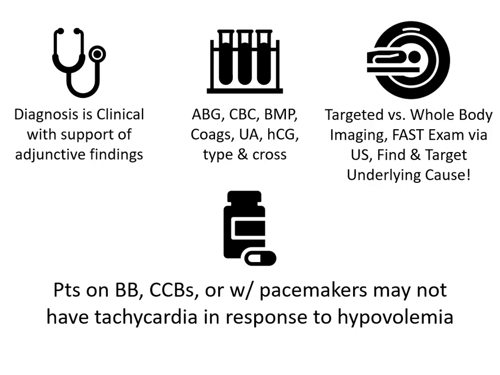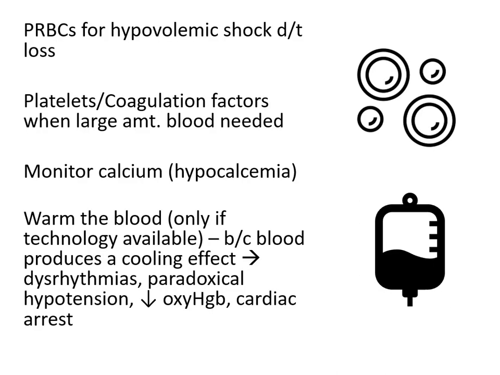It's important to note that patients on beta blockers, calcium channel blockers, or with pacemakers may not have tachycardia in response to hypovolemia. Treatment includes packed red blood cells for hypovolemic shock due to blood loss. Platelets and coagulation factors should be used when large amounts of blood are needed.